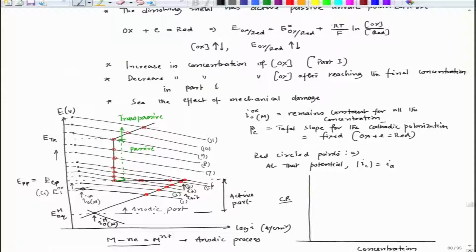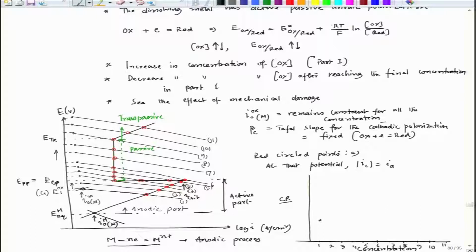So, when we have C1, this is 1, 2, 3, 4, 5, 6, 7, 8, 9, 10, and this is 11. Now, if we consider this, the corrosion rate is at this point, let us say, to start with, this is the point.